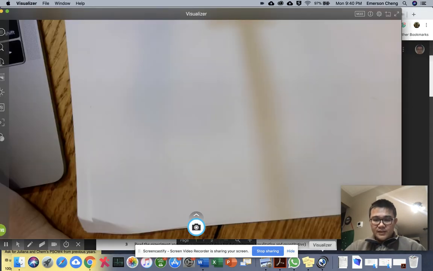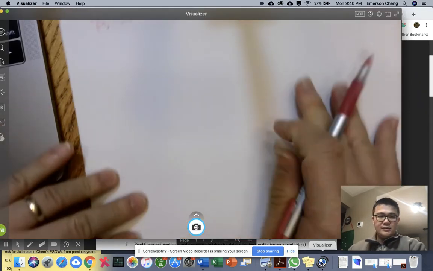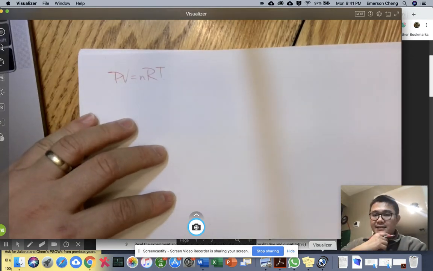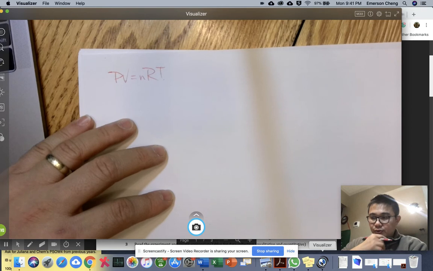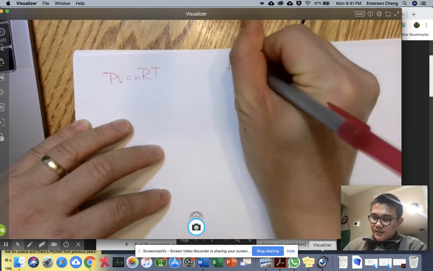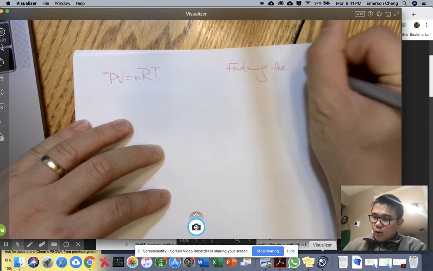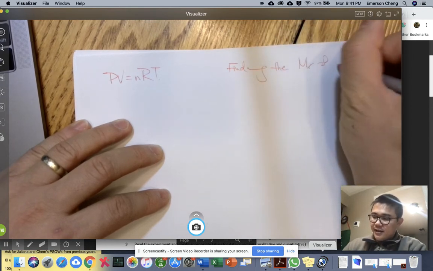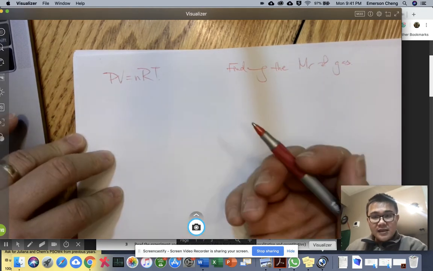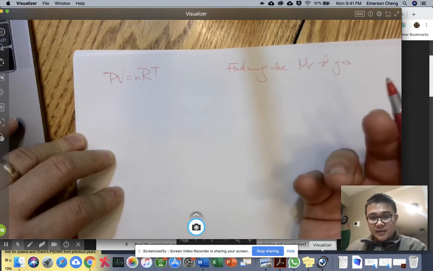So let's go to my setup again. It is really based on the ideal gas law. Remember, this lab is about finding the molar mass of the gas based on an experiment. So it is PV equals nRT, based on the ideal gas law.